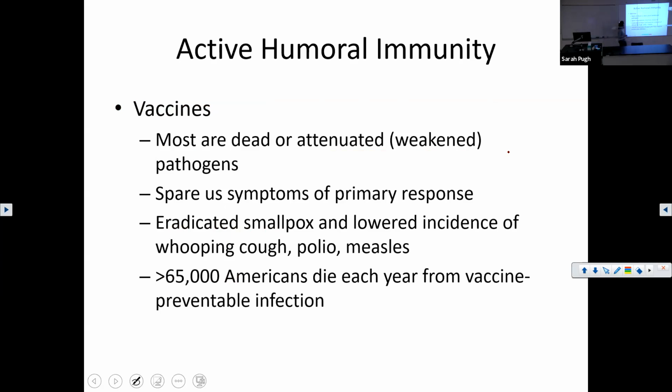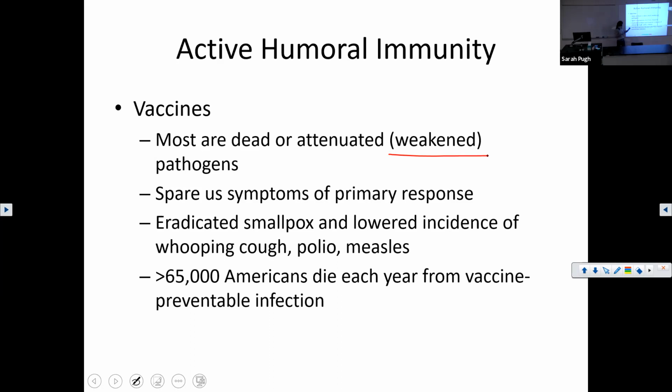Most vaccines, now this does not include mRNA vaccines, but most vaccines are dead or attenuated, which means weakened pathogens, which means they can't infect your body cells. And again, they're going to spare us the symptoms of a primary response. Yeah, you might feel crappy for 24 hours, but you're not going to feel bad for 10 to 15 days, right? But you've made memory. So the second time your body sees that exact same foreign antigen, you fight it off and you don't even know that you were sick.